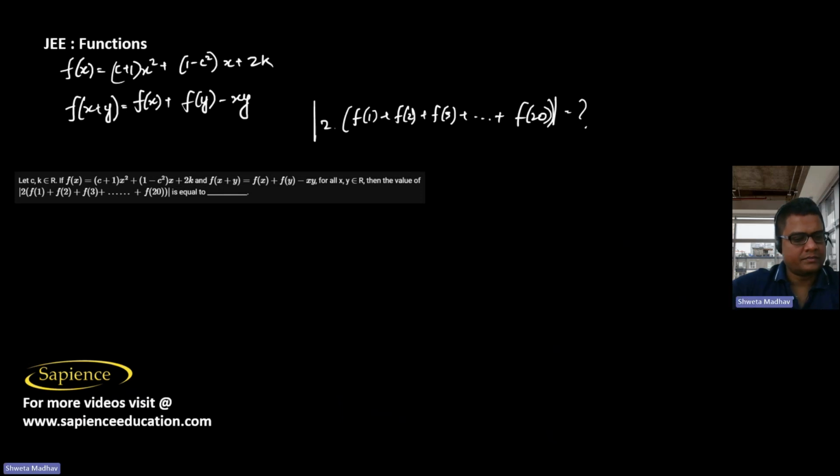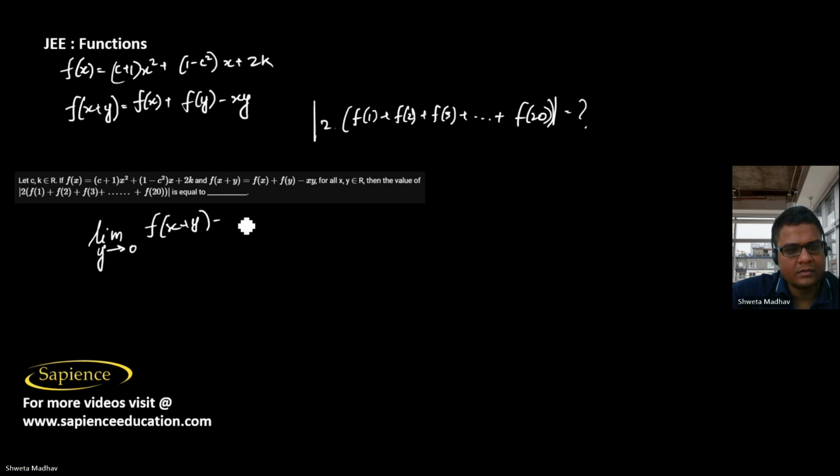So here, if you do limit y tends to 0, f of x plus y minus f of x divided by y, then we will get limit y tends to 0.